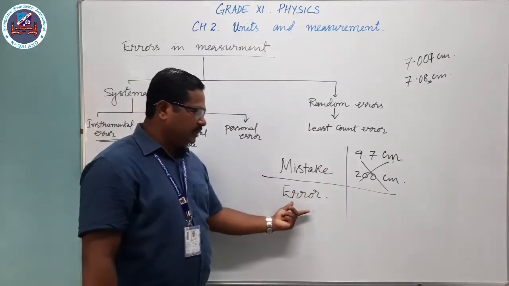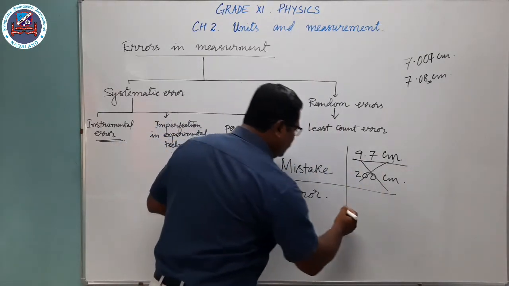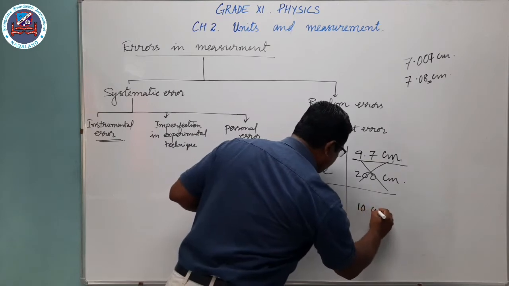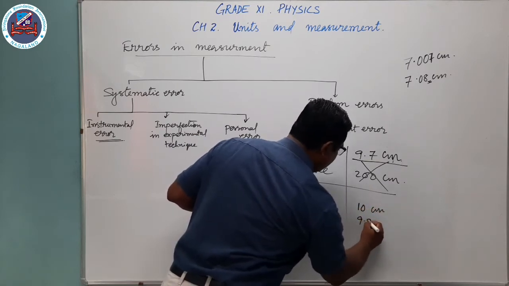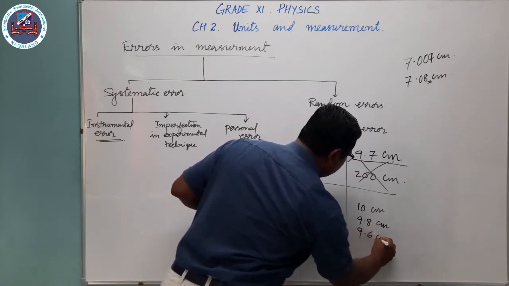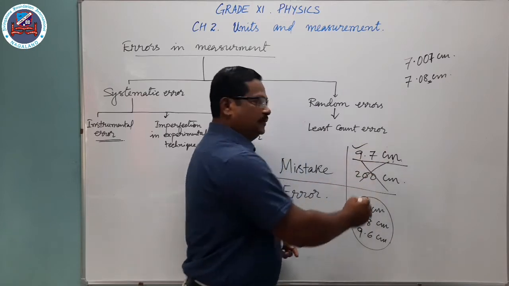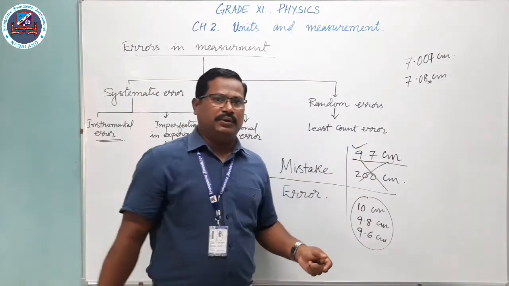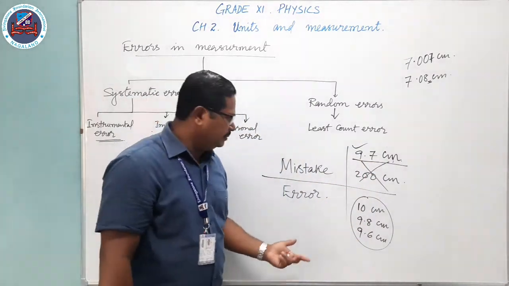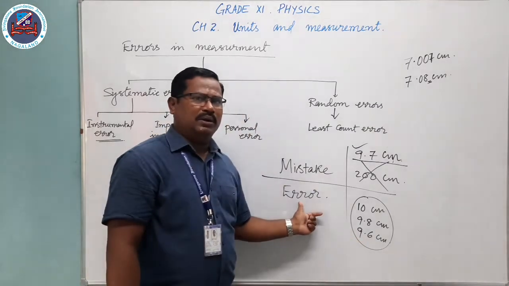But when we talk about error, if the true value is 9.7 and you are getting 10 centimeters, or 9.8 centimeters, or 9.6 centimeters, then it is almost close to 9.7. It is manageable, or we can say that a slight error has occurred.